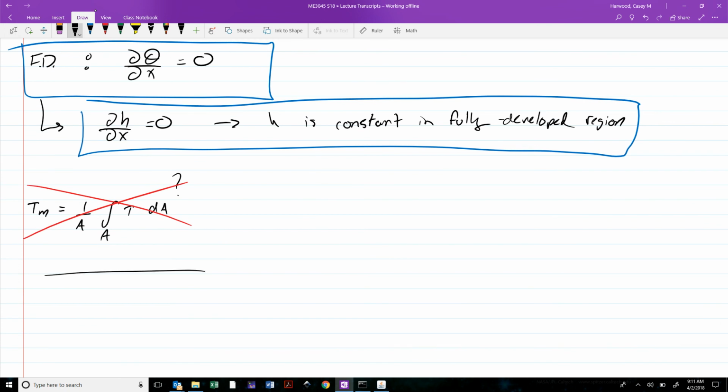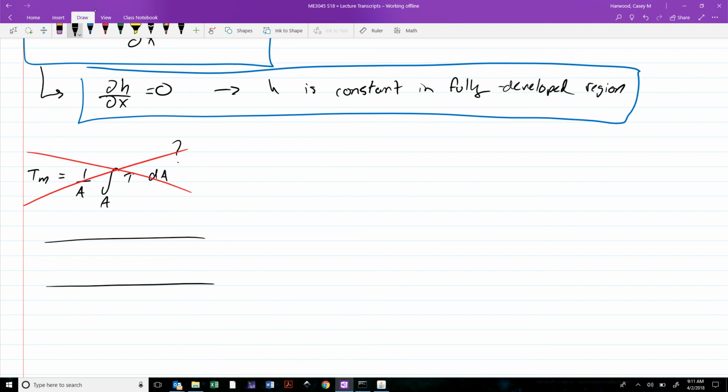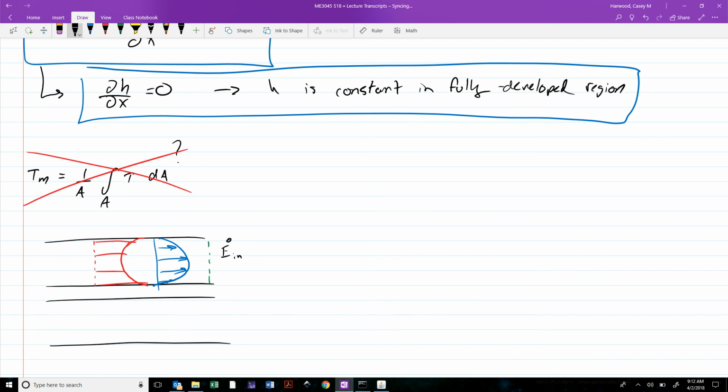Let me draw this schematically. Essentially, if we have our actual temperature distribution and we have our actual velocity distribution, we want this to carry some amount of, if we have a control surface, then there's going to be some amount of thermal energy crossing that control surface at an instant in time.